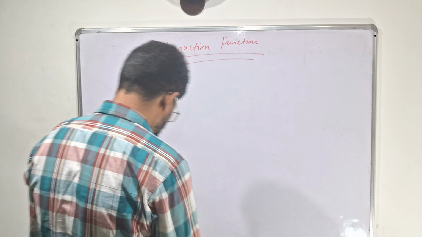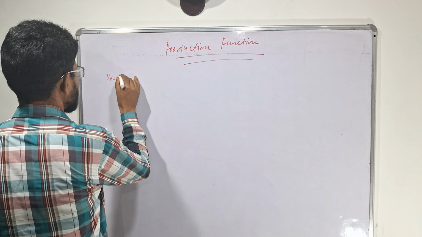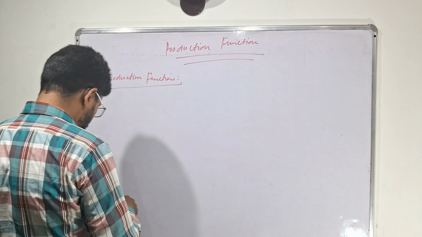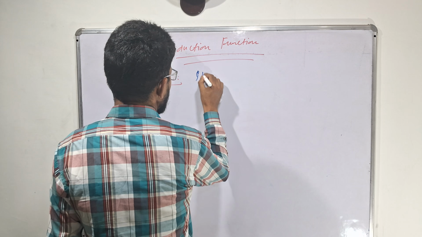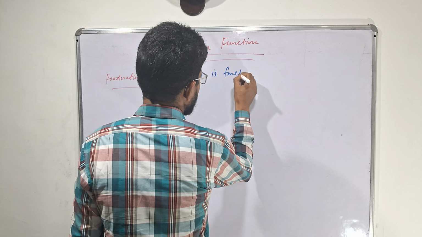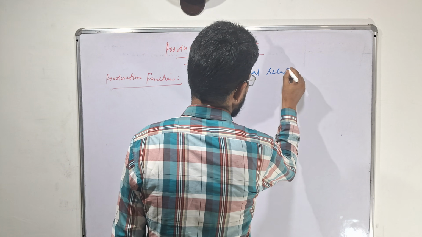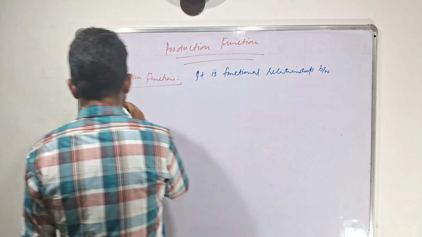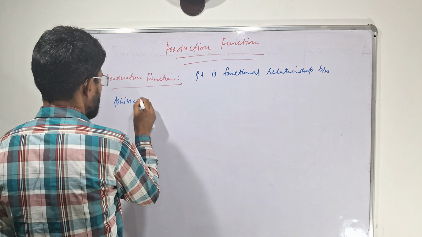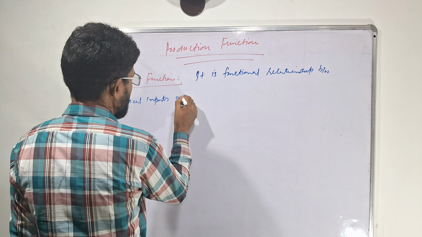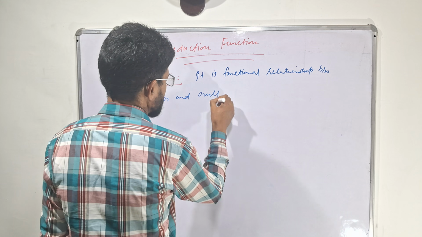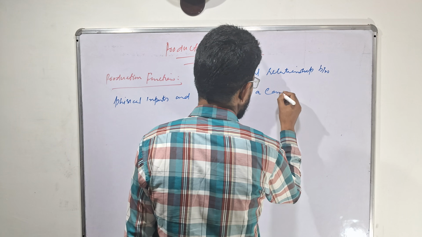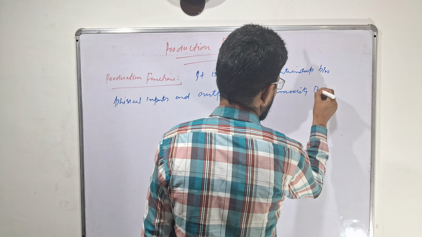Now what we call production function? Production function means it is the functional relationship between physical inputs and output of a commodity produced.